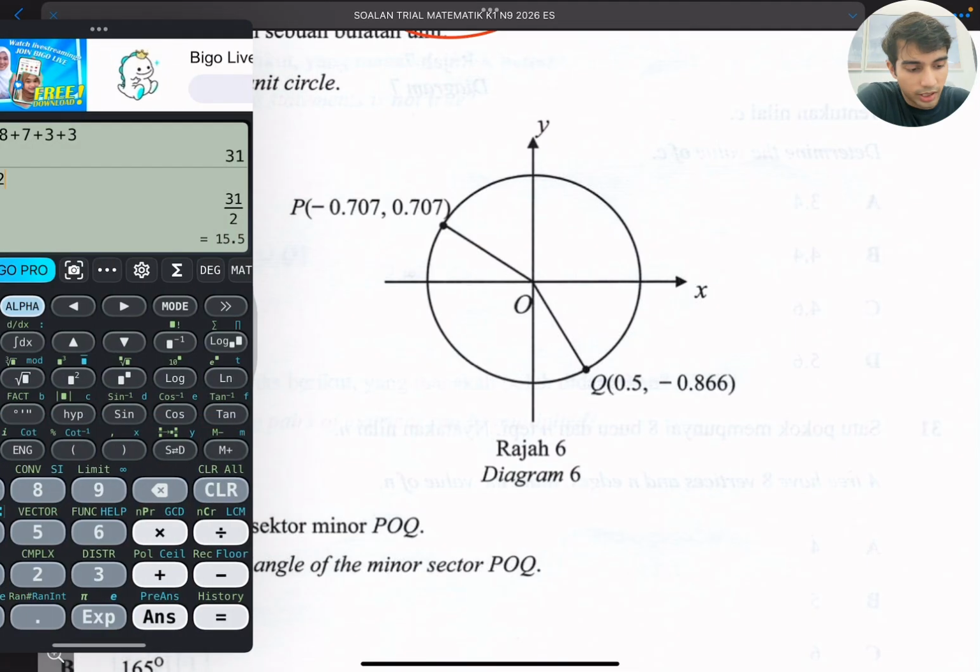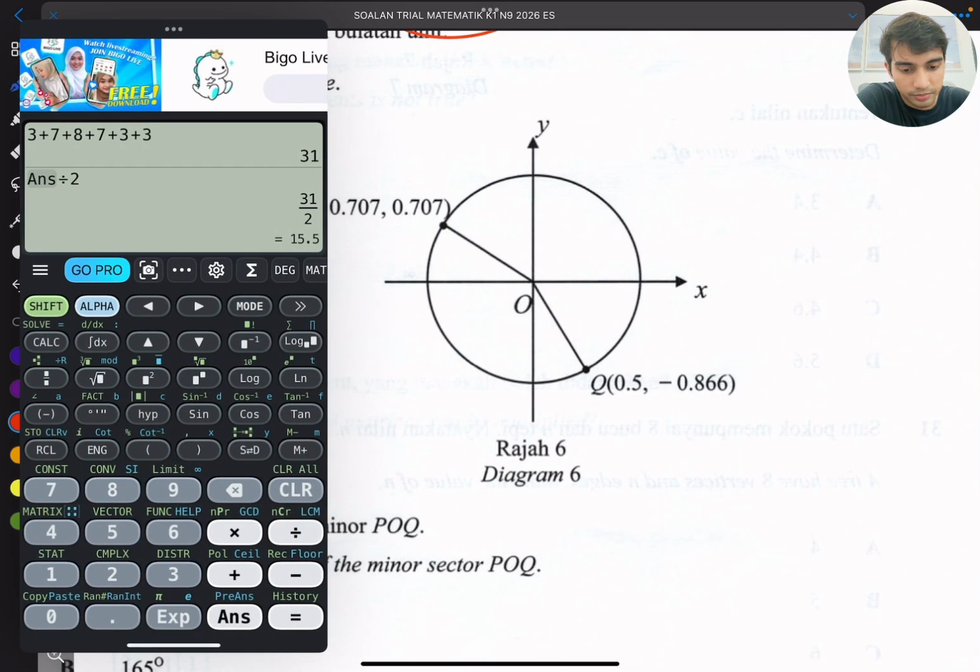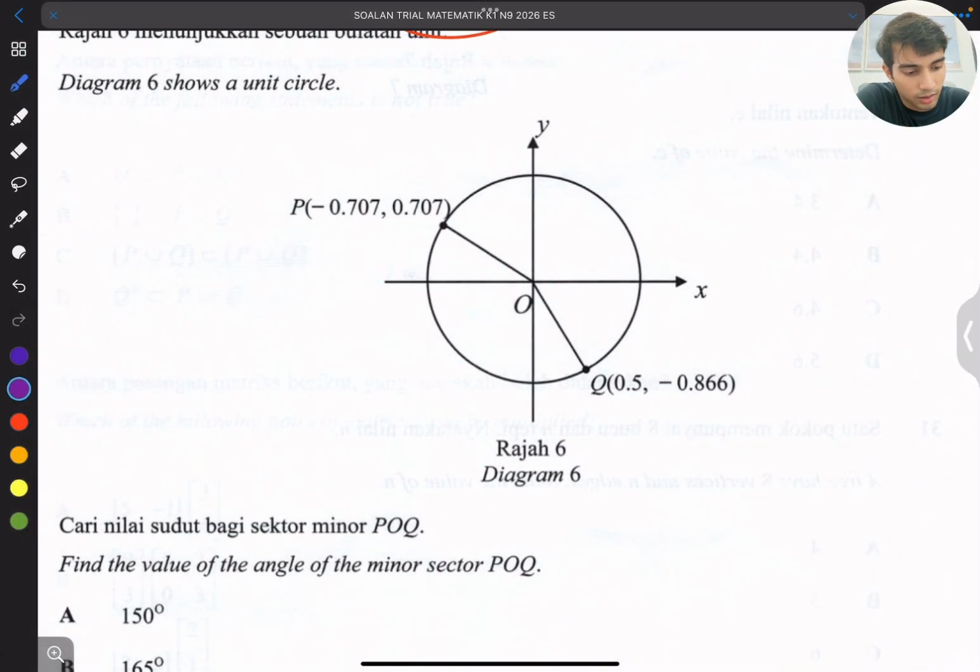So first we already know that this part must be 90. Then we can solve this one and this one. So from here, let me draw a triangle. Here our x value is negative 0.707. So this length is 0.707. This length is the y.